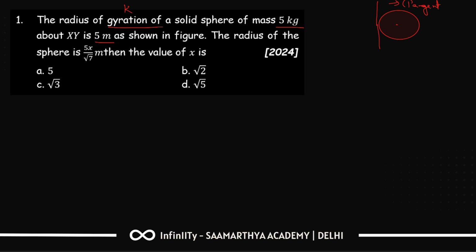So what are the things they have mentioned? Mass is 5 kg and radius of gyration is 5 meters, and this is a solid sphere and that is along the tangent. So the moment of inertia of this will be I = 7/5 mr square.